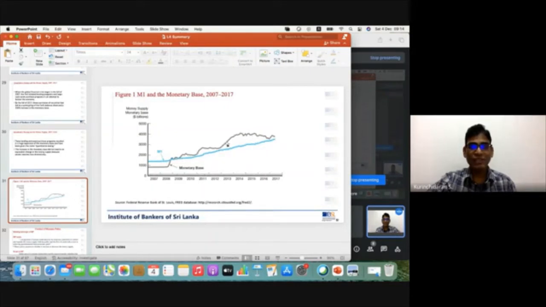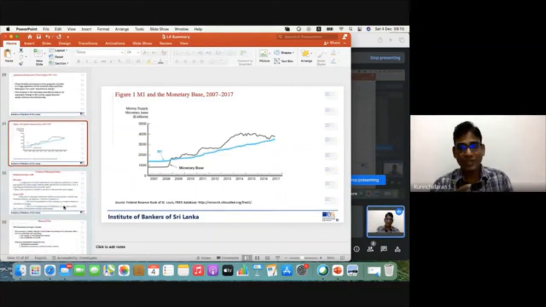So it's not a perfect correlation. You could see it increasing and decreasing, because it's based on depositors' behavior and the bank's behavior. So you are sure that when you increase the monetary base, it doesn't mean it's going to have an impact on M1. Up to now, any questions?